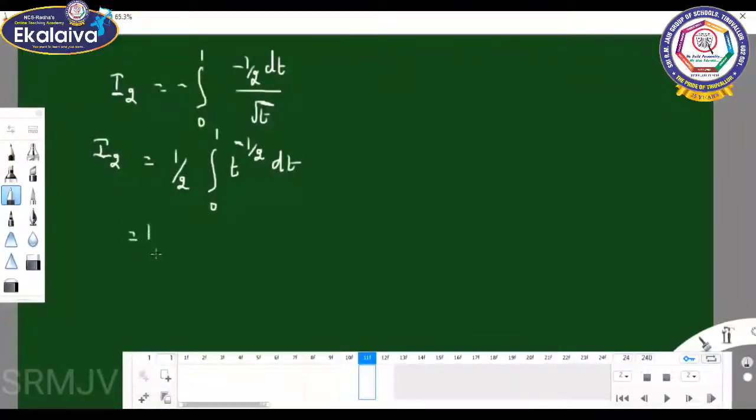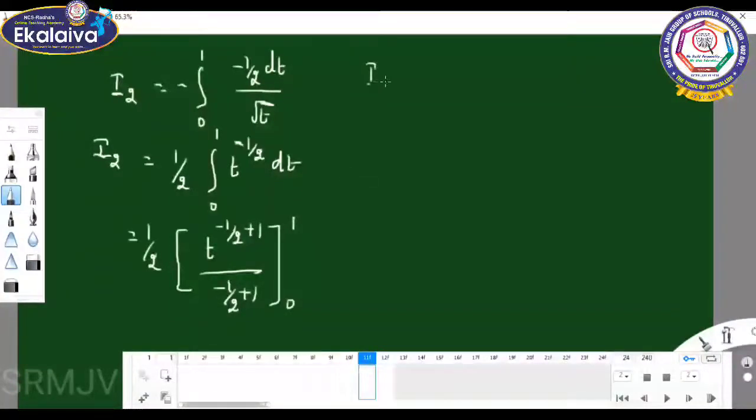So 1 by 2 into, you know the formula, t power n plus 1 by n plus 1, and what is the limit? 0 to 1. So I2 equal to 1 by 2 into t power 1 by 2 by 1 by 2, the limit is 0 to 1. 1 by 2 gets cancelled.